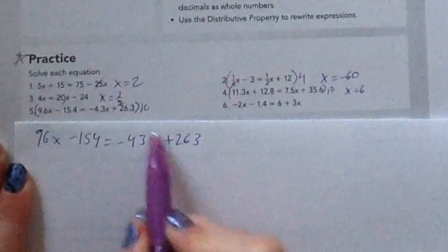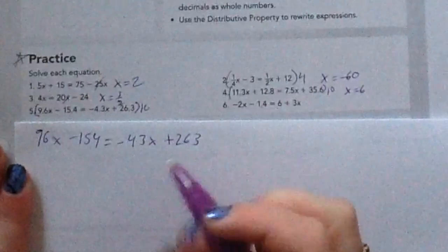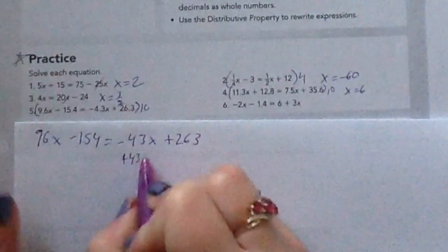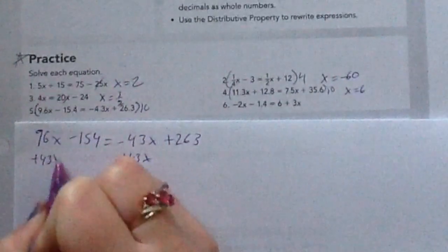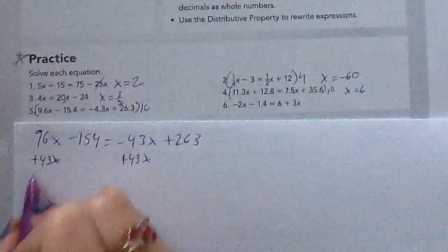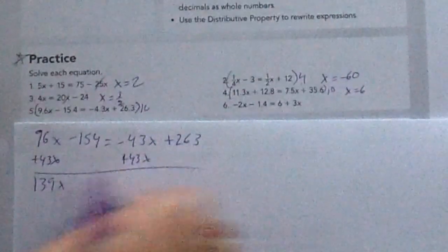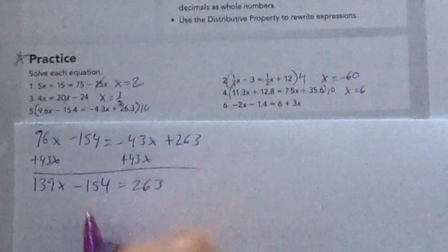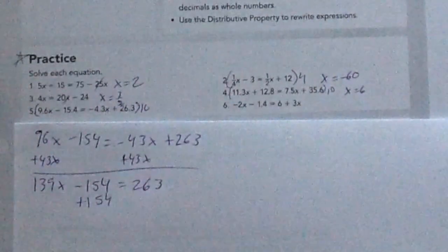Since this is negative, it'll be nice to move that one, making it positive. Because it's negative, which is the same as subtraction, we'll add that to move it. Plus 43. So 96 plus 43 is 139. Add the 154.